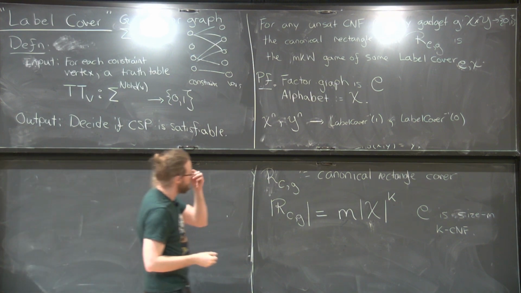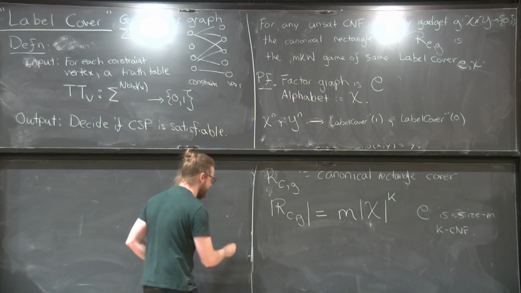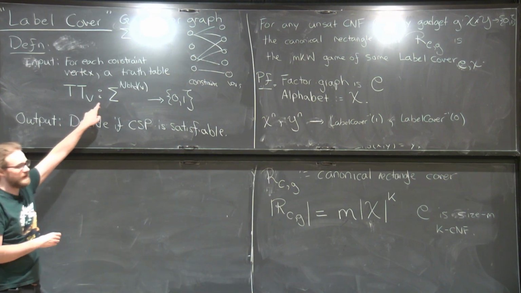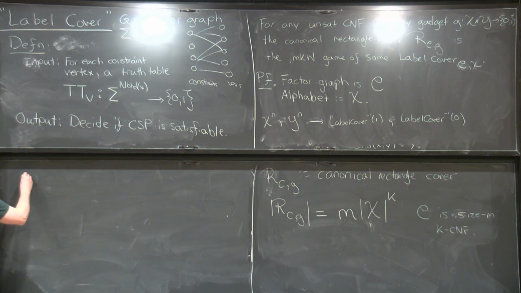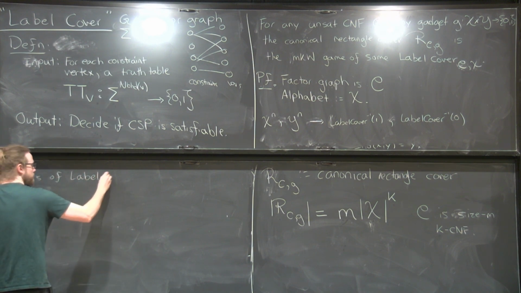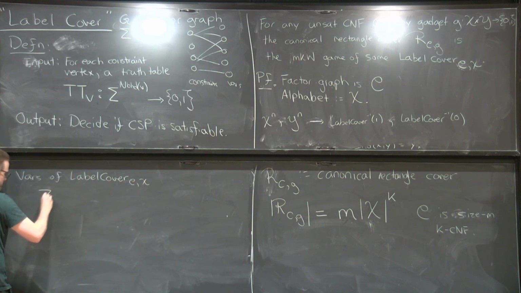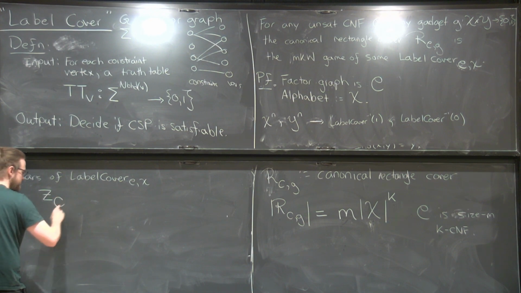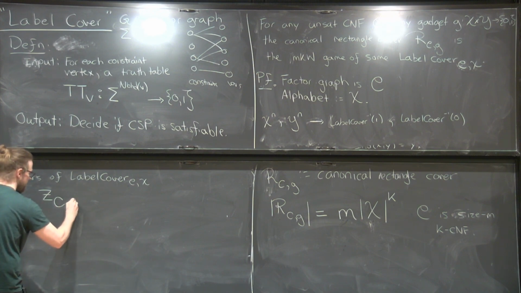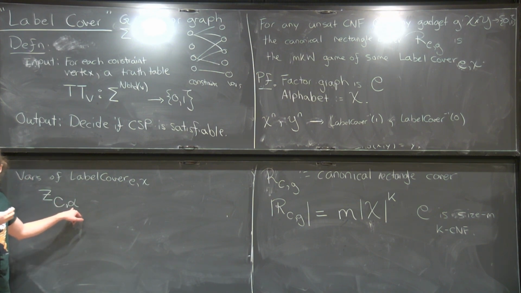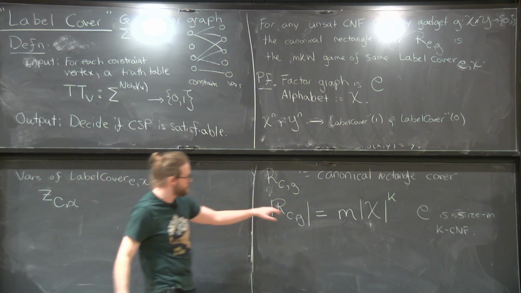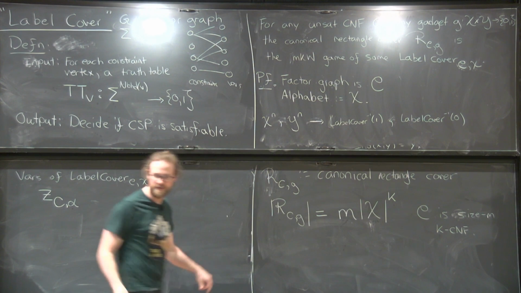So in fact, hopefully the way things are lining up is relatively clear. Every input variable of this is going to be indexed by what? Well, it's going to be indexed by a clause. So we'll have z, which is going to be indexed by some underlying clause of this formula, and some partial assignment to the variables which are occurring in that clause, where the partial assignment is chosen over these x's.